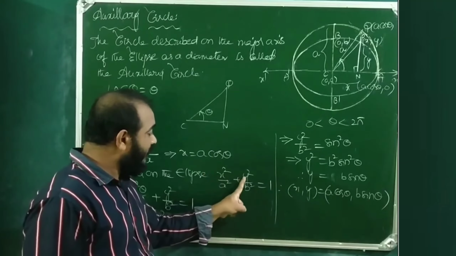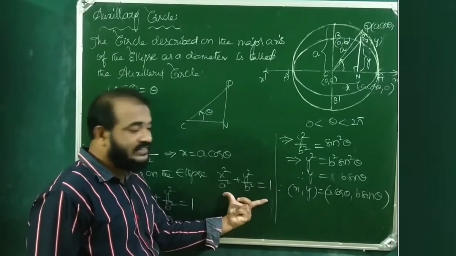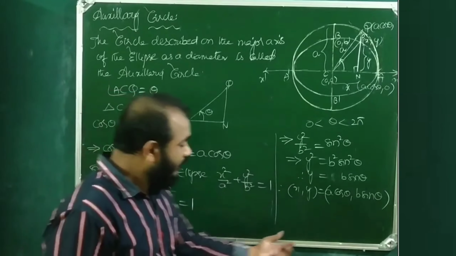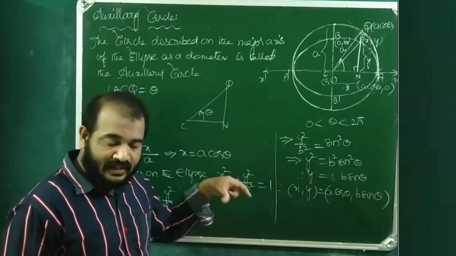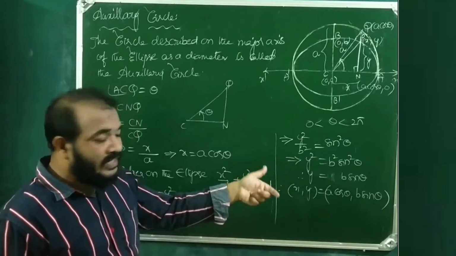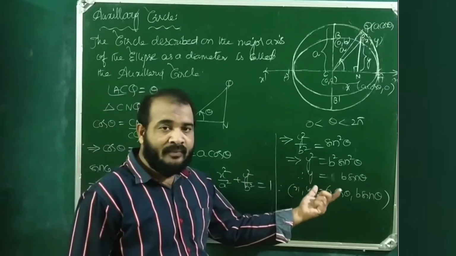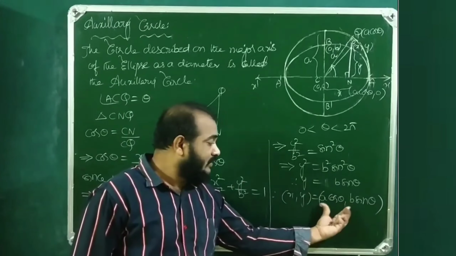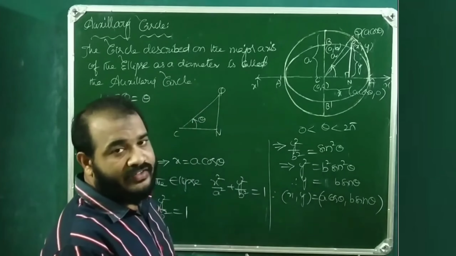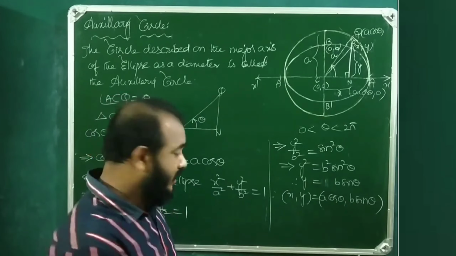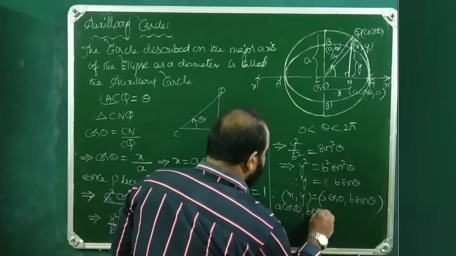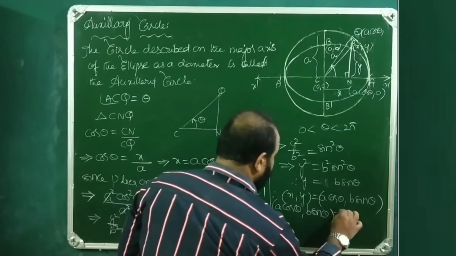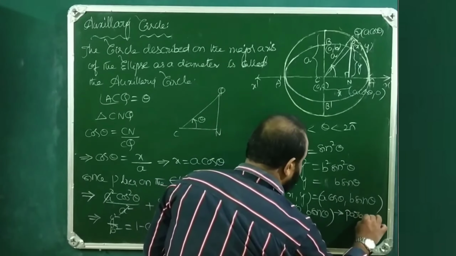Cos square theta plus sin square theta equals 1. This equation is satisfied. So A cos theta comma B sin theta is said to be the parametric point.